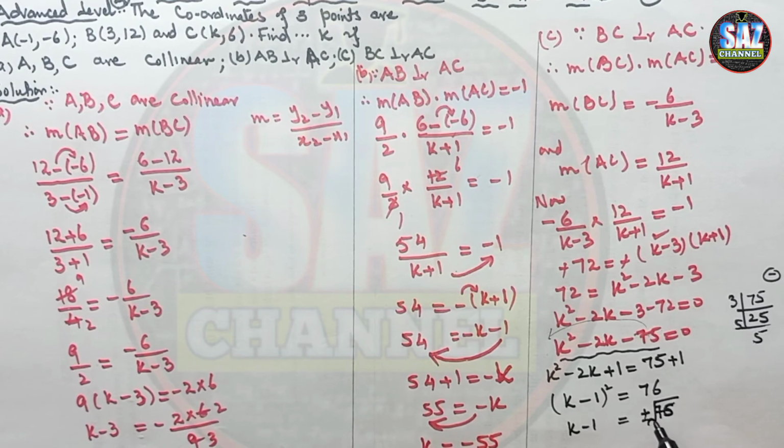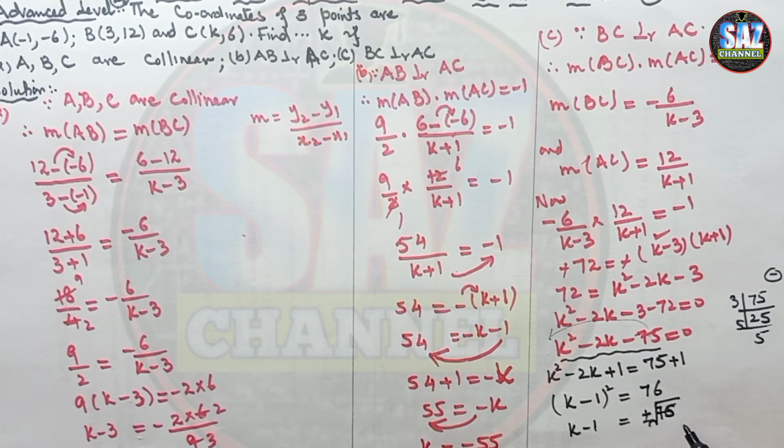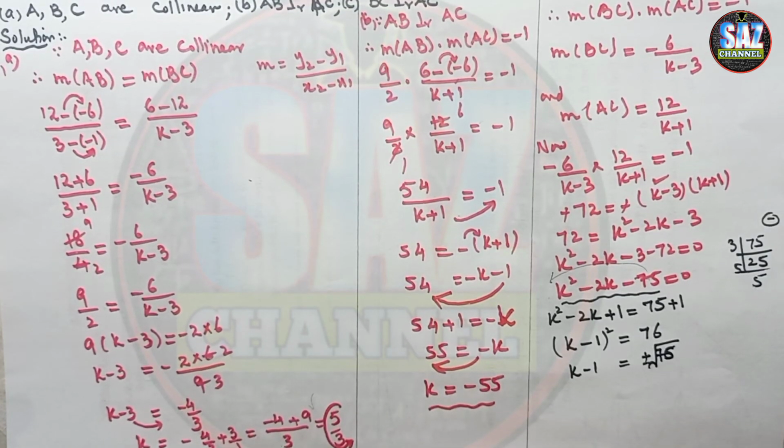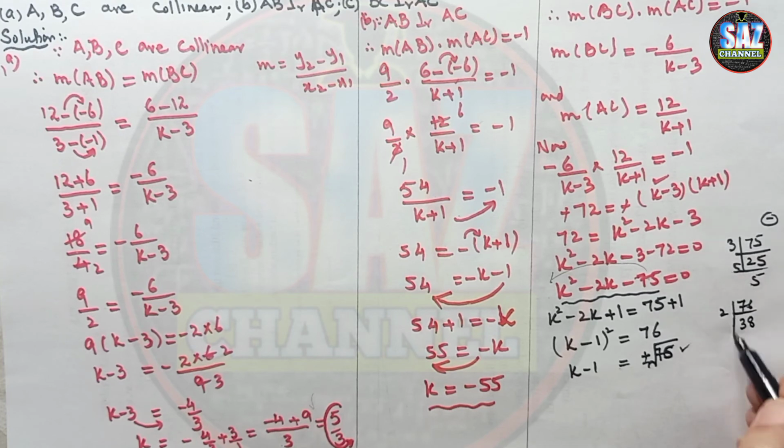Now I have to hold the calculator and see the value of square root 76. Let me check the value of square root 76 with my calculator. Or we can learn this question for the purpose of paper 1 as well, that the factors of 76 are 2 and 38, 2 and 2 and 19.